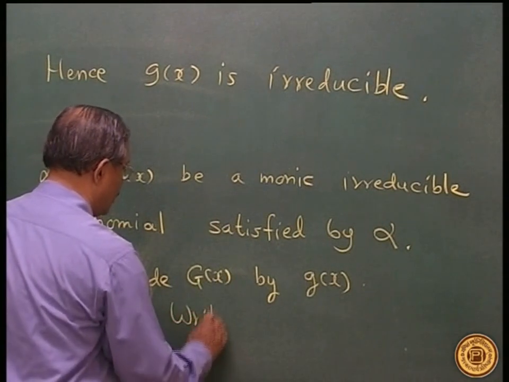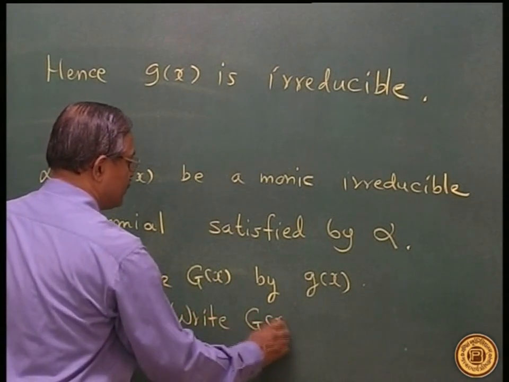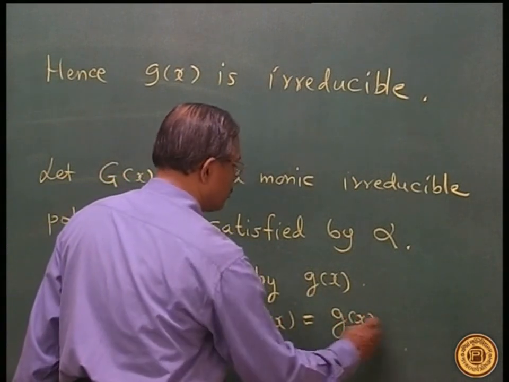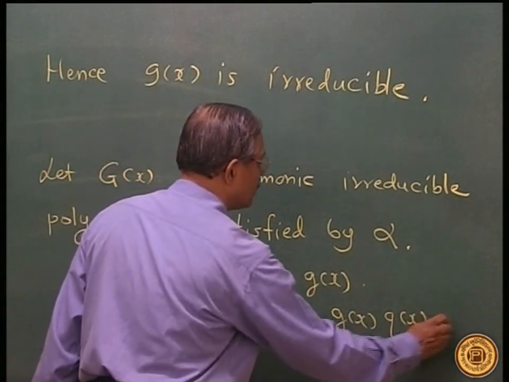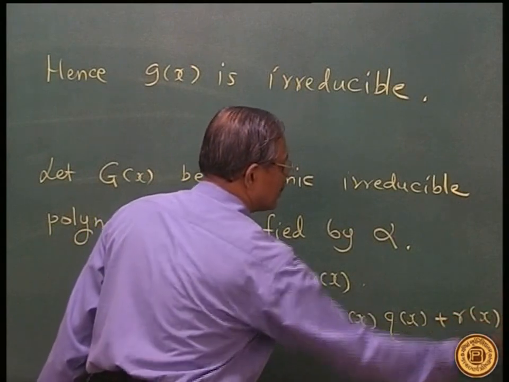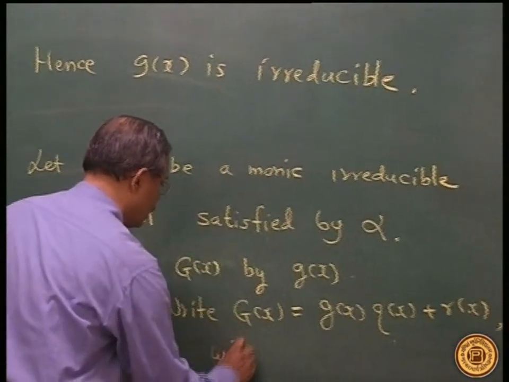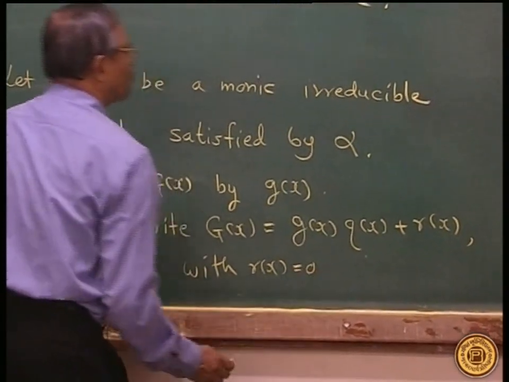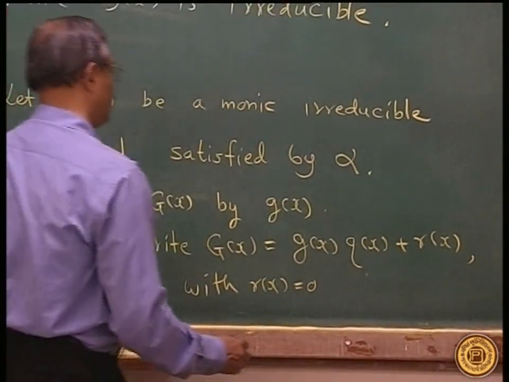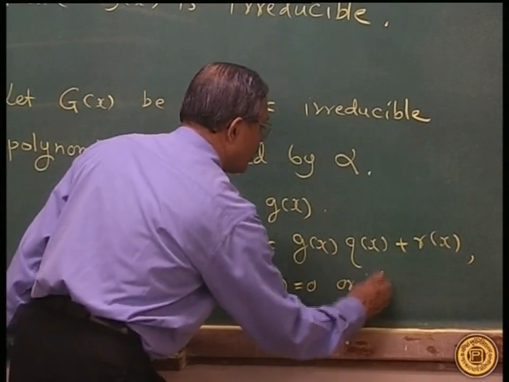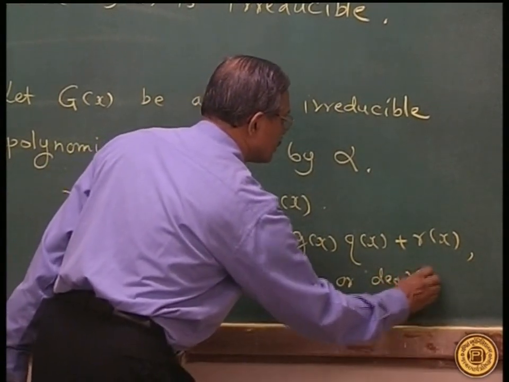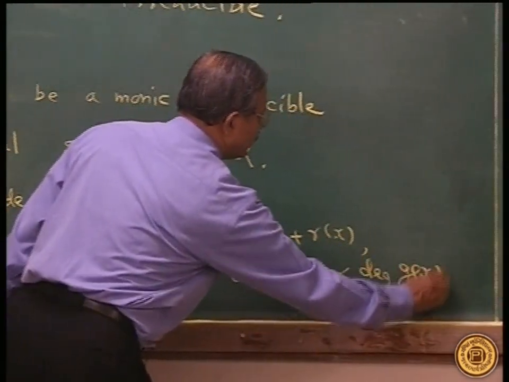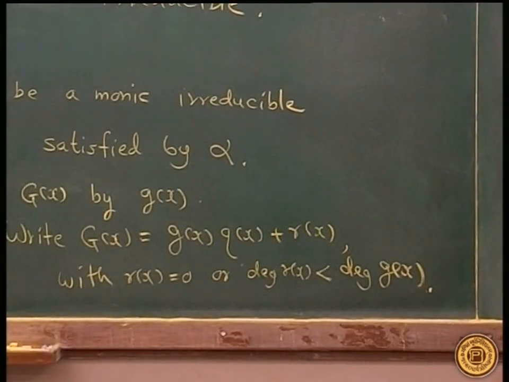Write G(x) equal to small g(x) times q(x) plus r(x) with r(x) equal to 0 or degree of r(x) less than degree of g(x).